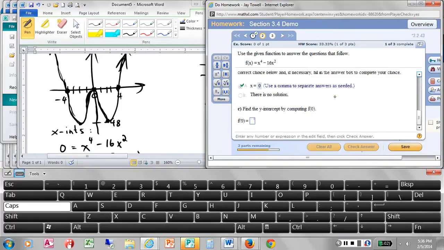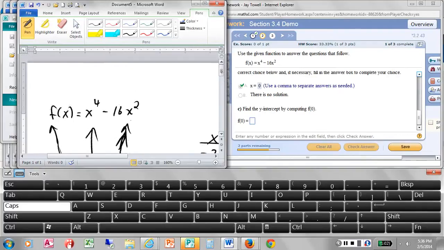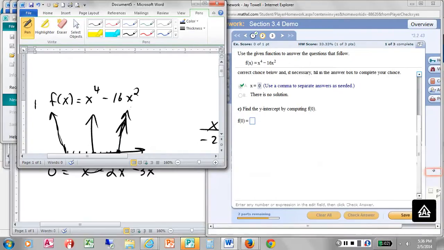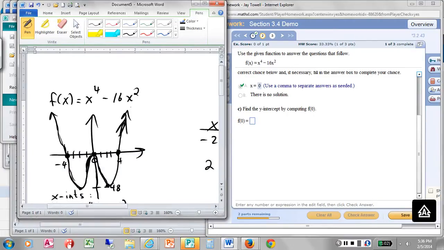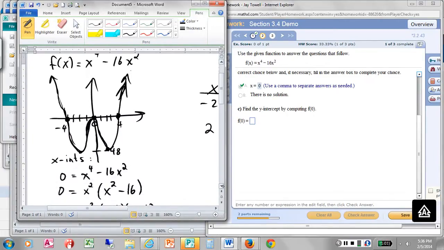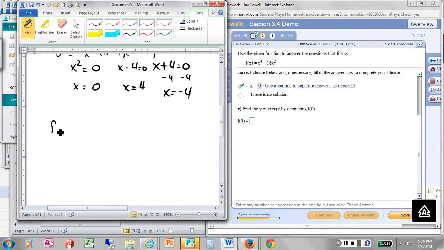Good. Okay. Find the y-intercept. That's easy to find. You always let x be 0. So if I plug in x to be 0, I get 0 to the 4th minus 16 times 0 squared.